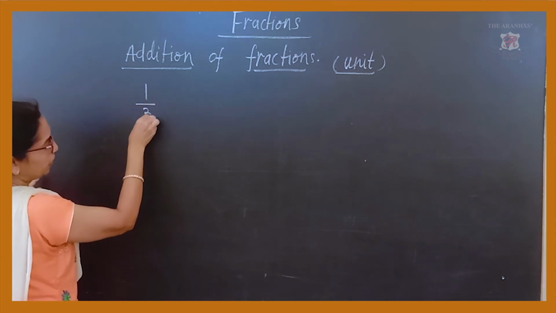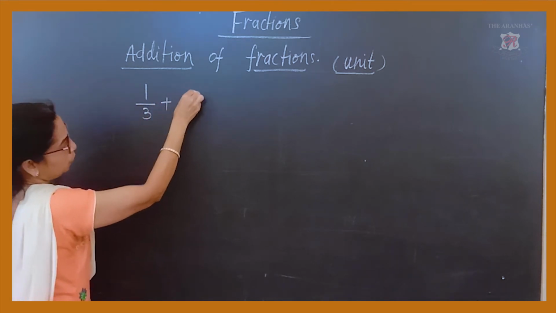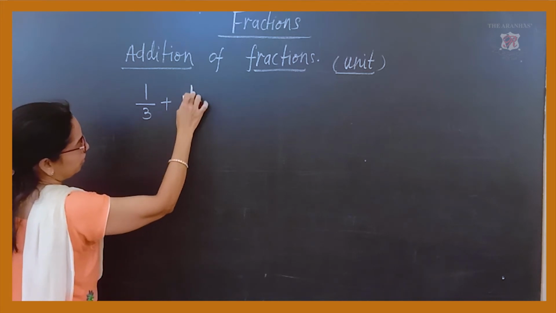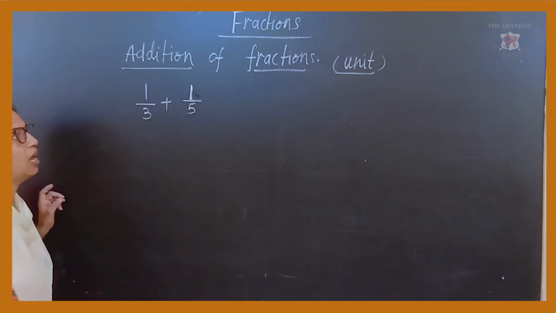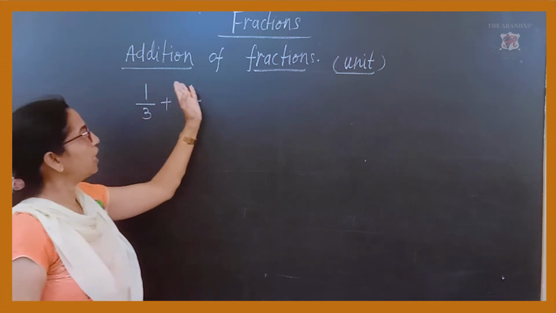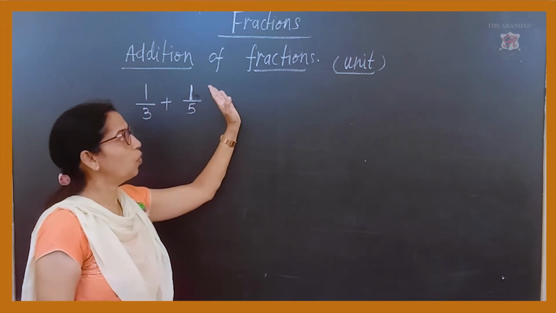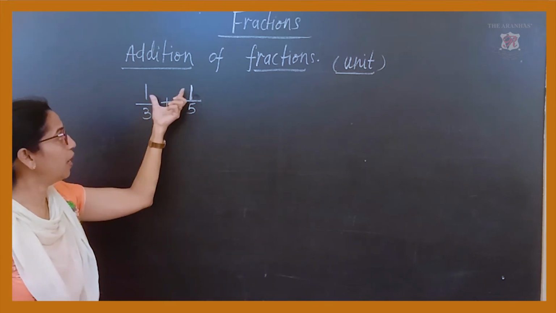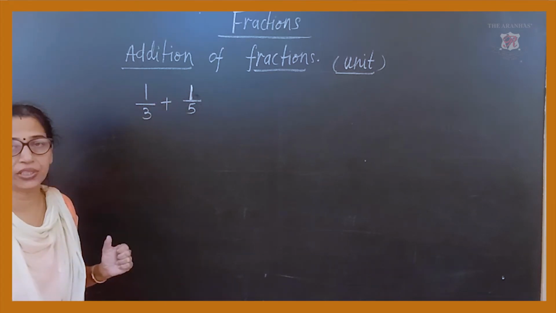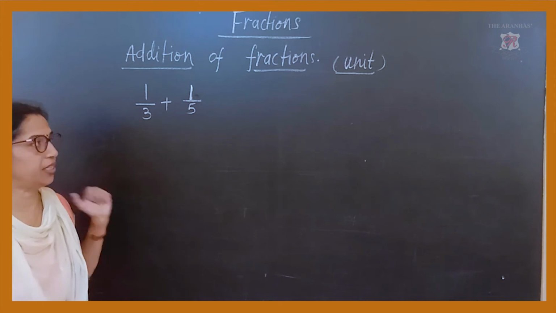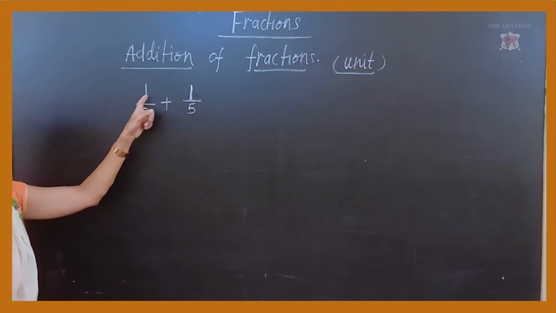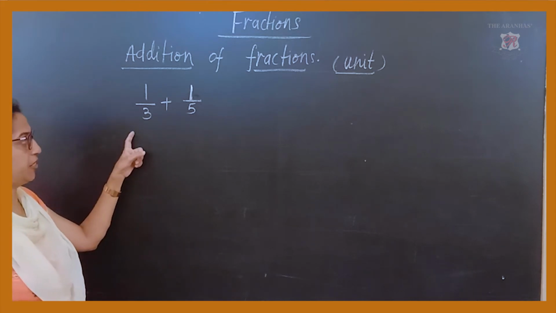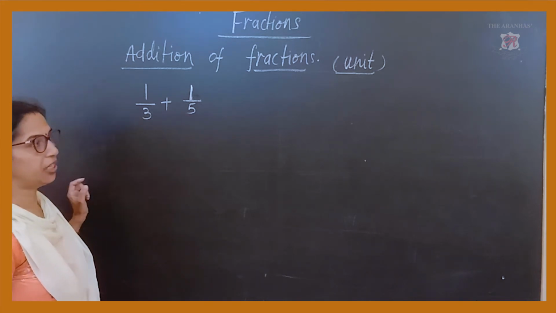Suppose 1 by 3 and 1 by 4. Because now we are considering the addition of unit fractions, we have to take two unit fractions and carry out their addition. Whenever such a case is there, we will see their denominators.